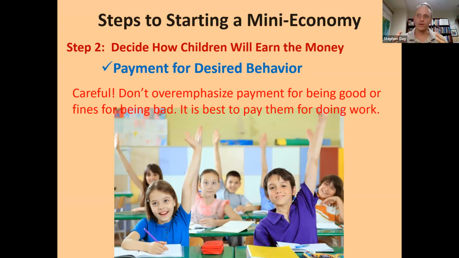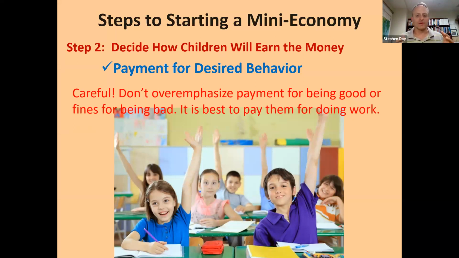So avoid doing things randomly, because it gives too much power for the parent over the economy. You want some power, but you want everything to be predictable for the kids. You want them to know ahead of time and be able to plan ahead of time how they're going to spend their labor and how they're going to spend their money.